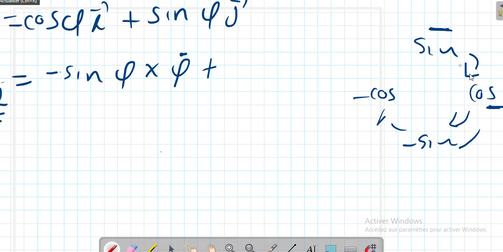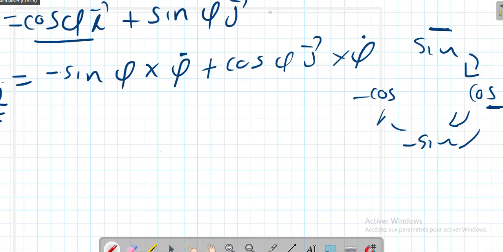The derivative of sine is cos. So we're going to say cos phi in the direction of g. You also multiply by phi power, because phi is a function of time and you're differentiating with respect to time. So you multiply by phi power always.